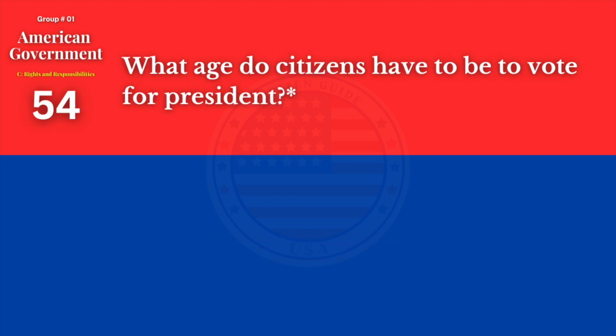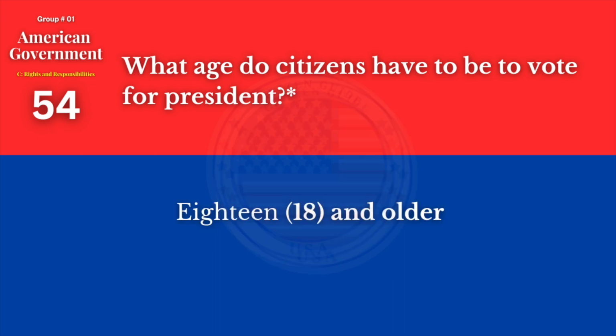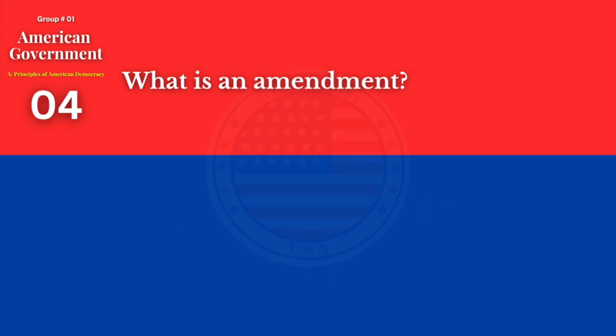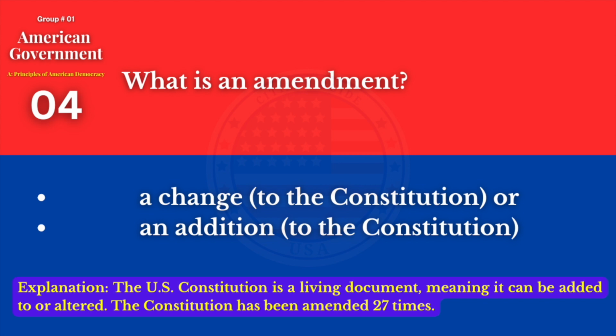What age do citizens have to be to vote for president? 18 and older. What is an amendment? A change to the Constitution.